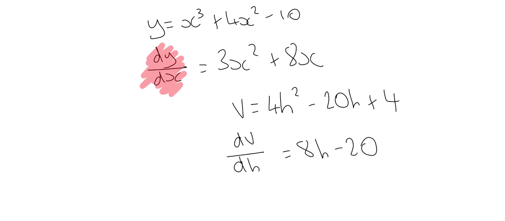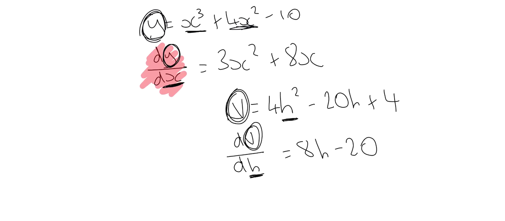Do you get what I'm doing? So don't just write y's and x's because that's what we're used to doing. This top letter belongs with whatever that is, and this letter is whatever this is. So in this case, this letter is this letter, and this letter is inside the equation, right? So don't just write dy dx because you're used to it. We will be using different letters today.